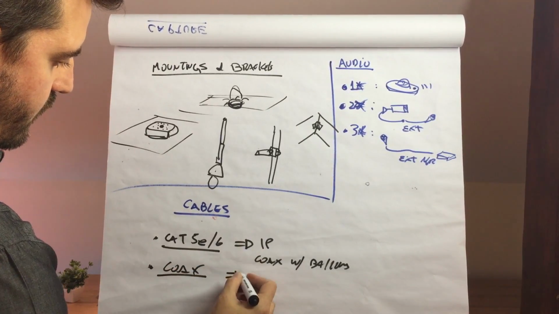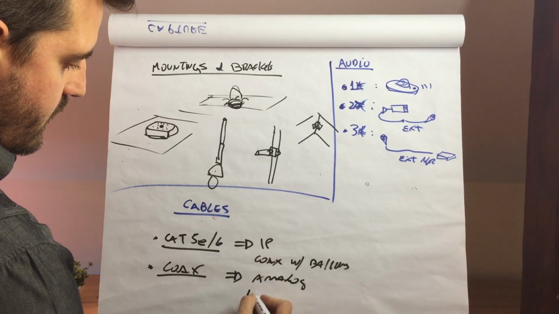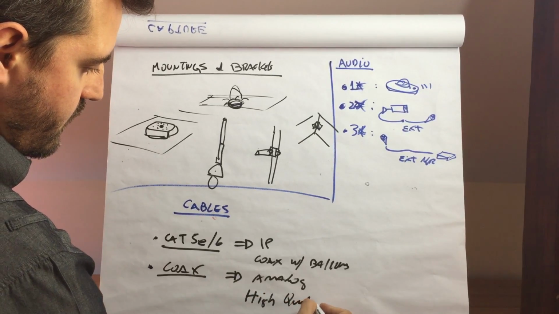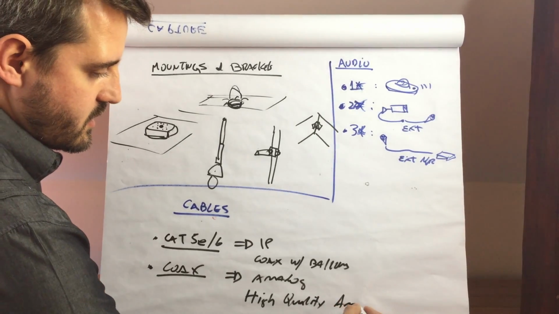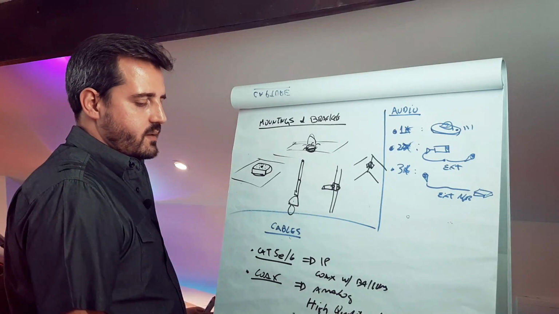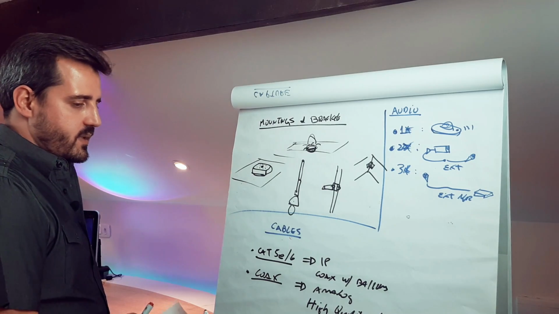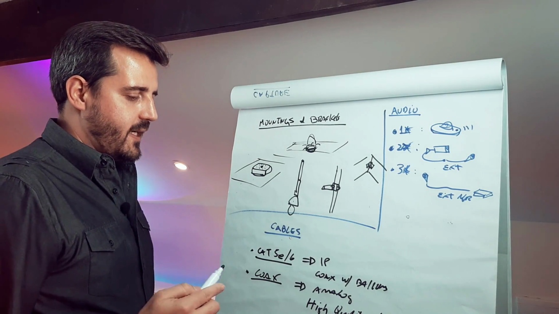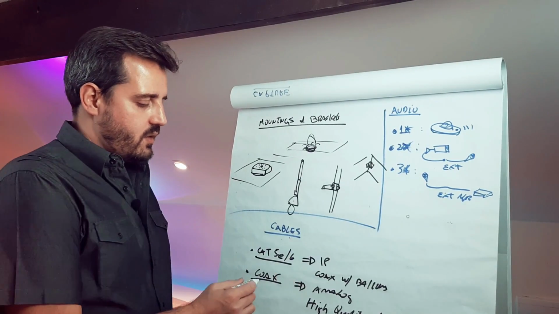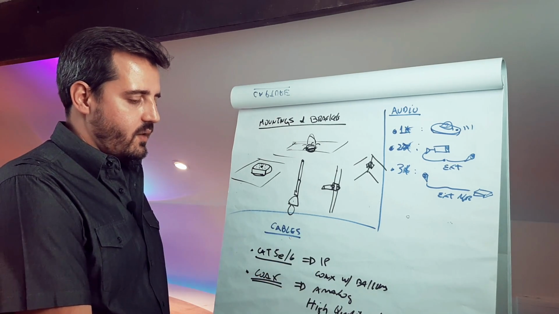Coax cable for analog or high quality analog cameras. This high quality analog, we have different ways to call it, but it's basically cameras that will be able to have more quality using the coax cable, using the legacy installations, the analog installations.